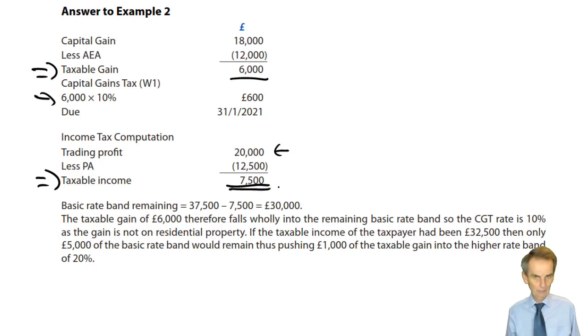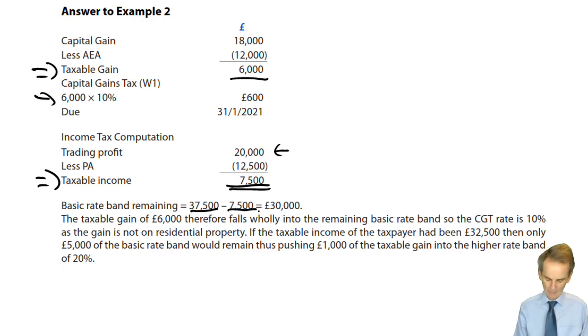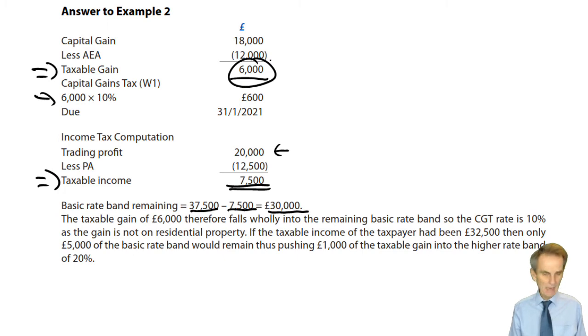Taxable income 7,500. The basic rate band available in the income tax computation is 37,500. We've only got £7,500 of taxable income, which leaves a remaining basic rate band of 30,000. More than enough to absorb that taxable gain, meaning that as it's not residential property, and not an asset that attracts entrepreneurs relief, it is the 10% rate that applies on the full 6,000, and that therefore will equal £600.